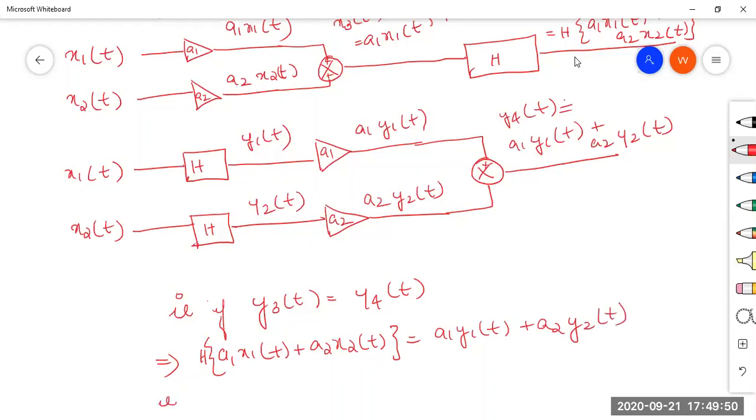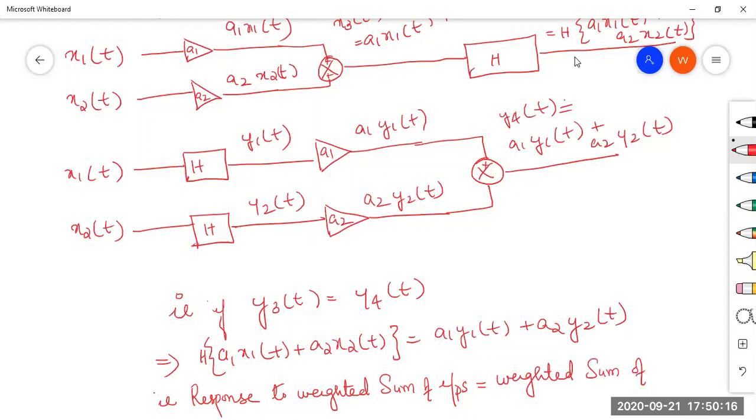That is, response of a system to weighted sum of inputs should be equal to weighted sum of responses to individual input.